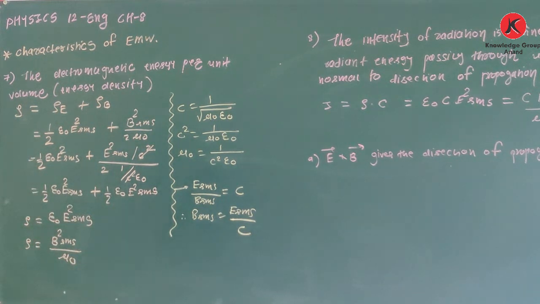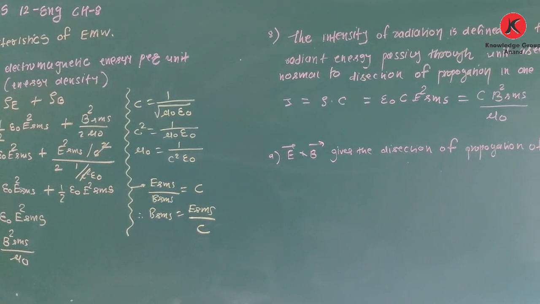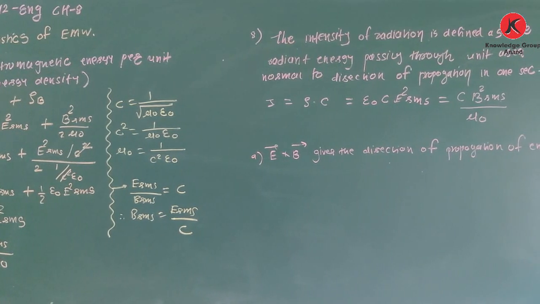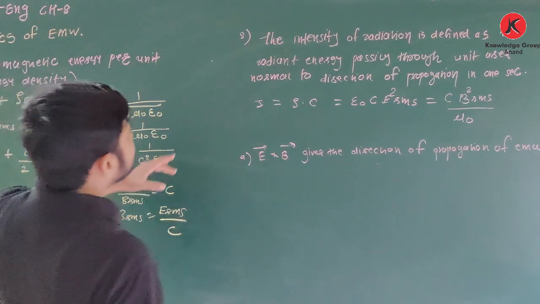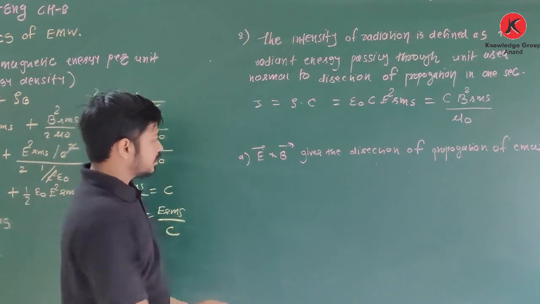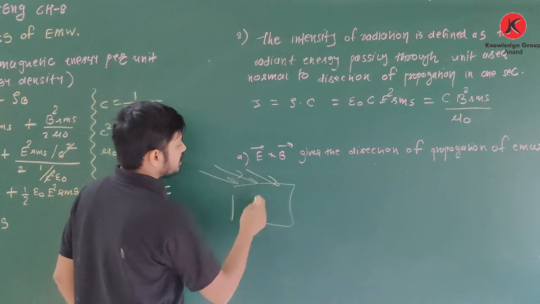Next point is number 8. The intensity of radiation is defined as the radiant energy per unit area per unit time. It means the incident energy. Suppose we have some object, energy is incident on it.